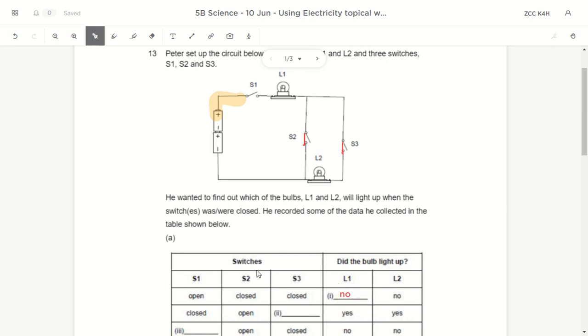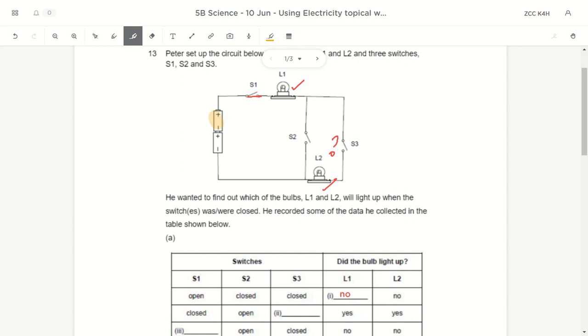Alright, let's go for the second one. Now we erase everything away. S1 is closed, so I'll close S1. S2 is open, so I'll leave it open. S3 I don't know, so I'll put a question mark here. But I know L1 and L2 light up. Again, use your highlighter. The fact that L1 and L2 light up means there must be a closed circuit.